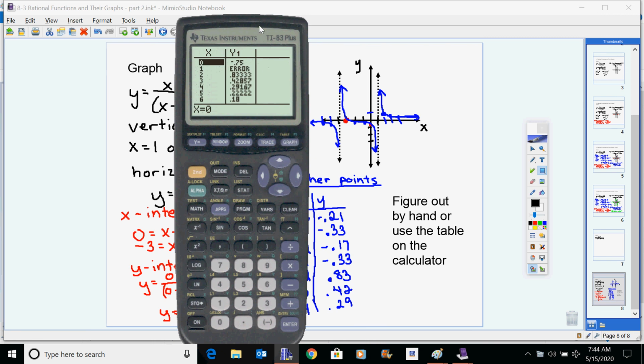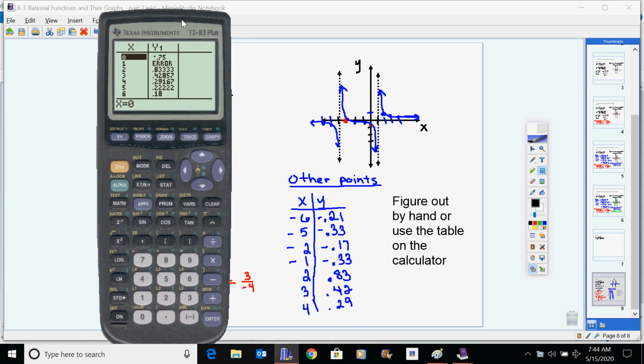Notice on the table you've got an error here at 1, which is good because that's where the asymptote is. You can go down, you're expecting there to be an error at -4. So that's good. We have that error there. So what you can do though is use these values, -0.21, -0.33.